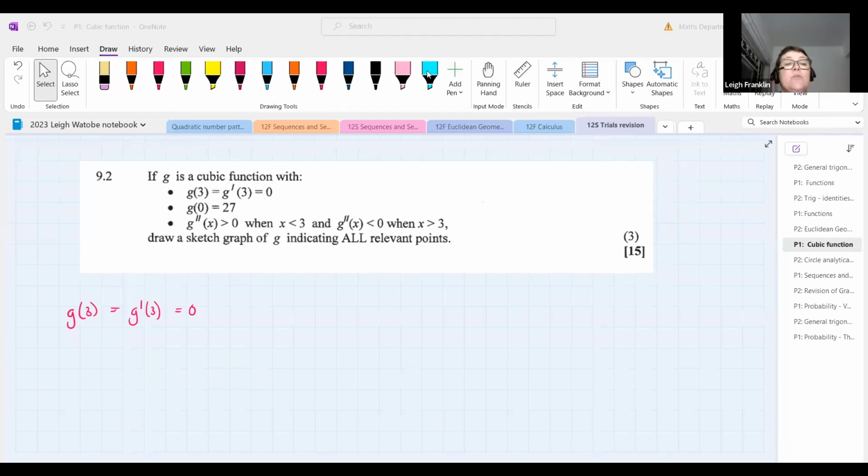No, it doesn't mean they intersected x equals 3. What does g prime mean? It means gradient. So in other words, the gradient when x is 3 is 0.